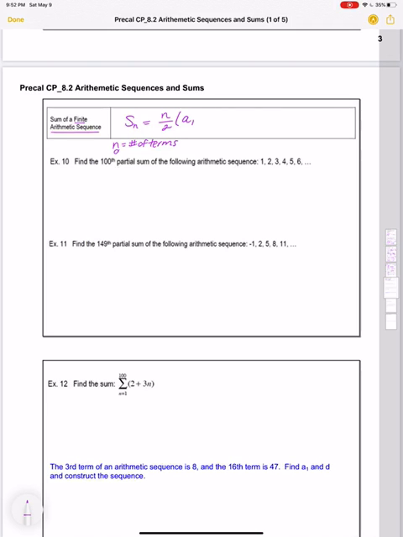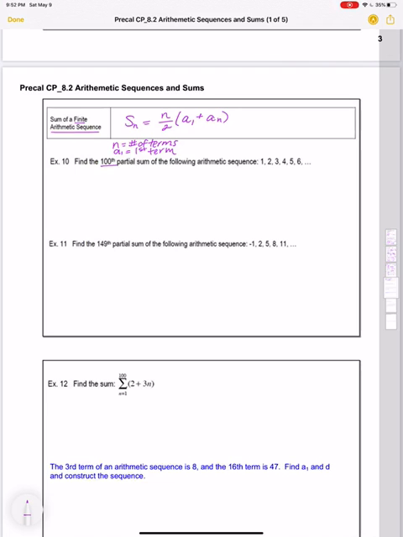Remember, what's a sub 1 mean? That's your first term, right? Plus a sub n, the last term of the sequence, or the last term that you're adding.